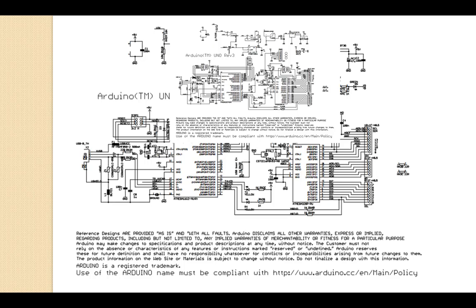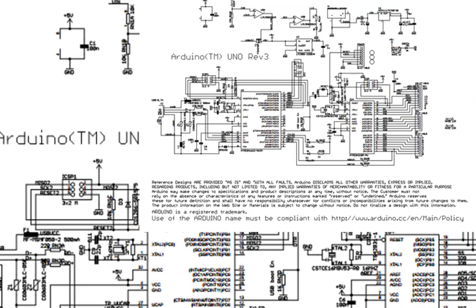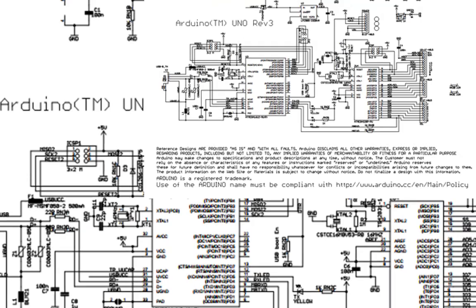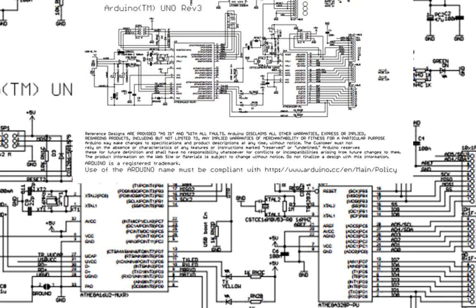As you can see on the screen, this is a simple schematic of your Arduino Uno board. There are so many circuits here.